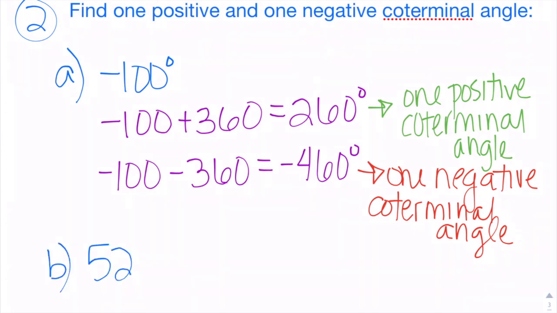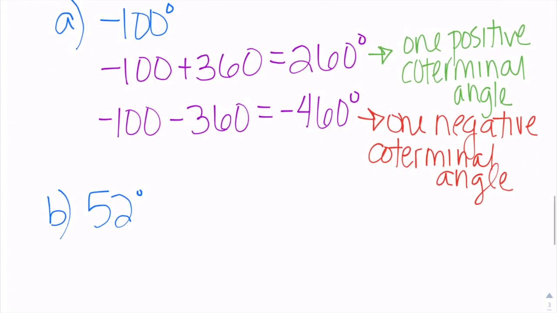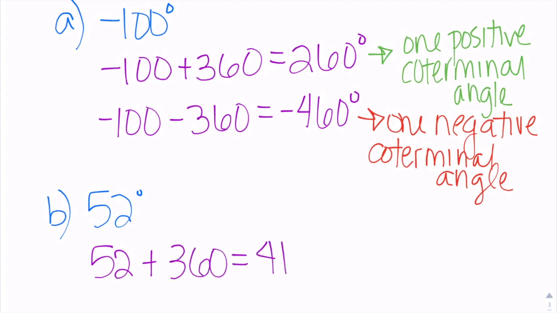And then B, if we're given 52 degrees, again, I'm going to start with adding. So I'm going to do negative 100, oops, sorry, I'm copying from above for some reason. So we're going to do 52 plus 360, and that's going to give me 412 degrees.